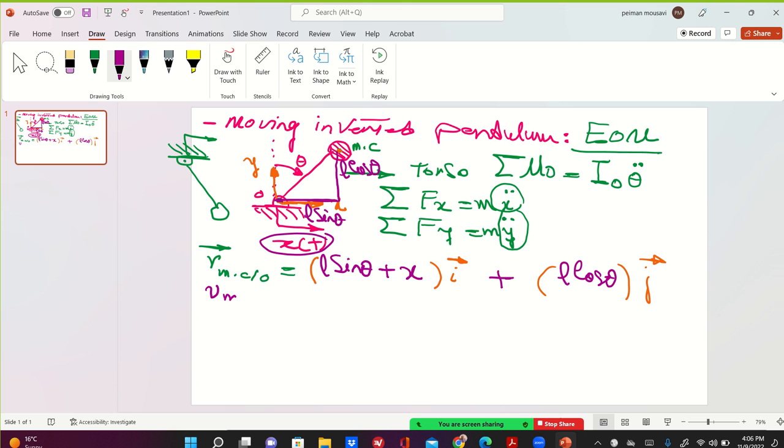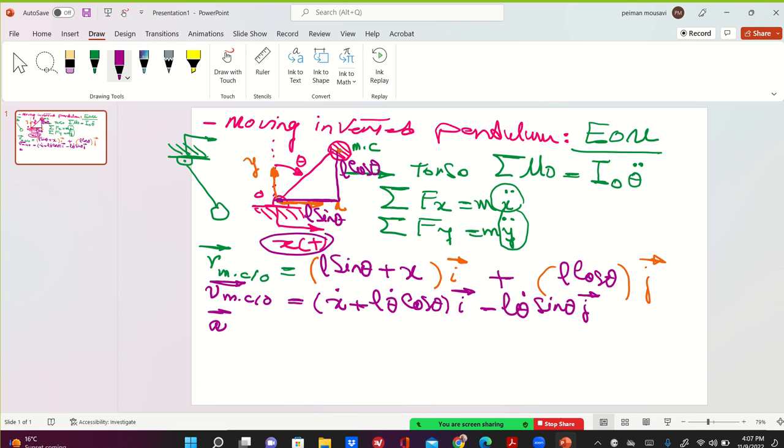So the velocity of the mass center with respect to point O, as a vector, is going to be x dot plus L theta dot cosine theta in the I direction, minus L theta dot sine theta in J, because the time derivative of cosine is minus sine.